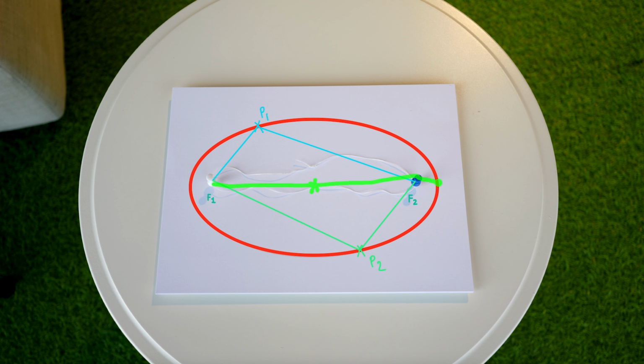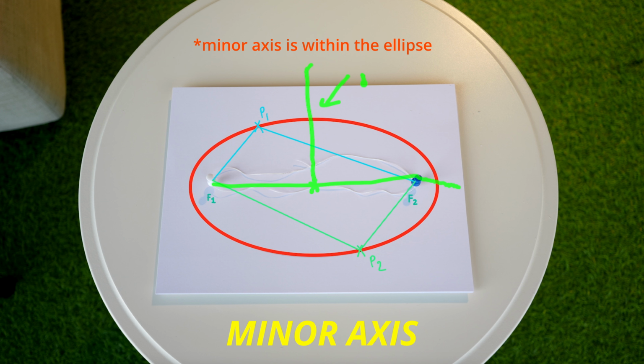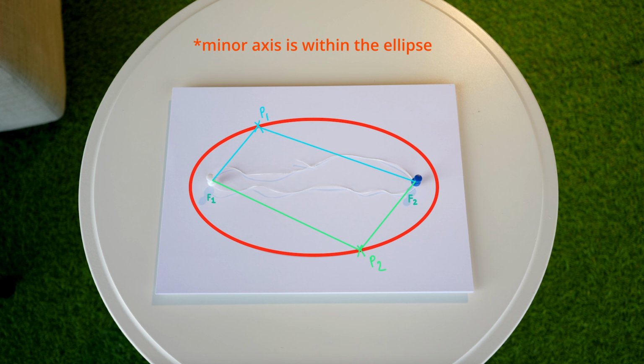The midpoint of the 2 foci is the center of the ellipse and the midpoint of the major axis as well, right? So a line drawn perpendicular to the major axis at the center is called the minor axis. And that is all you need to know for now to then be able to dive into the mathematical section of ellipses.